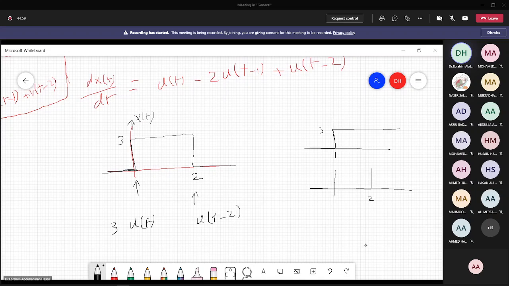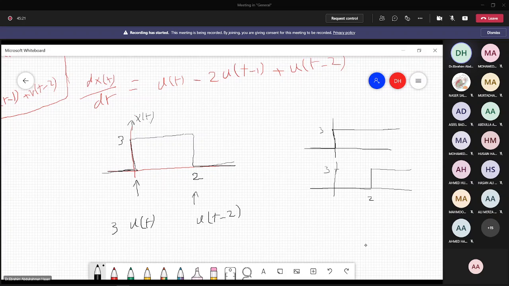at 2, the same value, then until 2 it is equal to 3 minus 0, which is equal to 3. After 2 it is 3 minus 3, which is equal to 0. So then I will get this one.